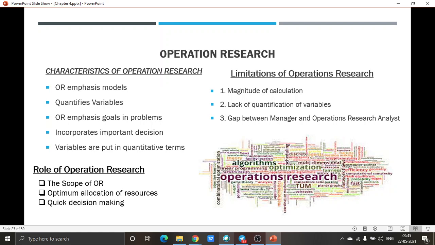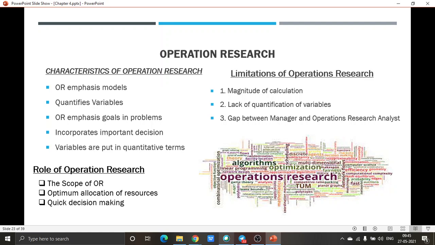And this work of studying scientifically the different alternatives that are available, we do it with the view to obtain a quantitative basis decision, or in other words, for arriving at the best solution.